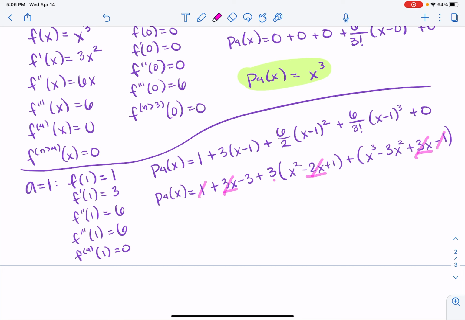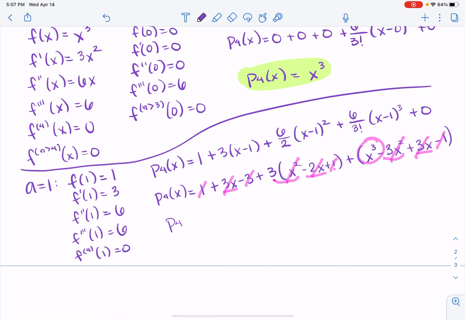What else? We have a minus 3 here and a plus this 3 times this 1. Those cancel. And then we have a 3 times x squared that's left and a minus 3x squared. So those cancel. And the only term we have left is x cubed.